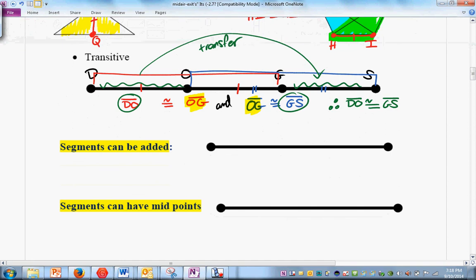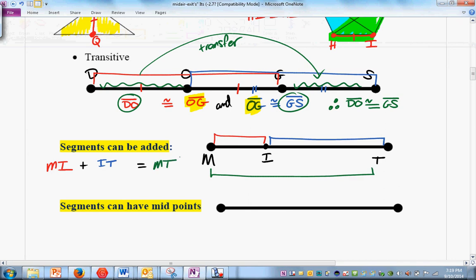Segments can be added. Let's say I have M, I, T. I can say the distance of M to I plus the distance of I to T equals the longer distance M to T. Little segments add up to bigger segments.